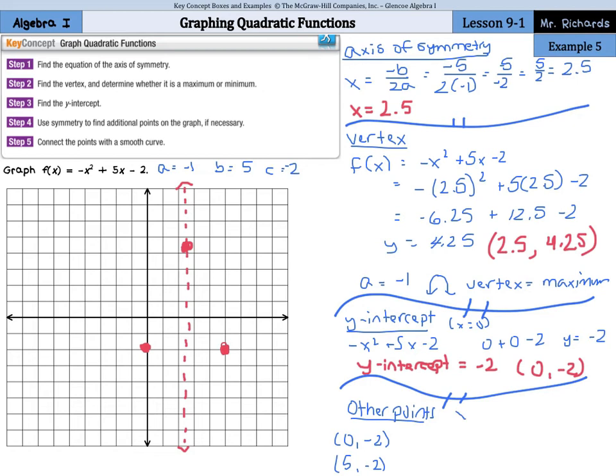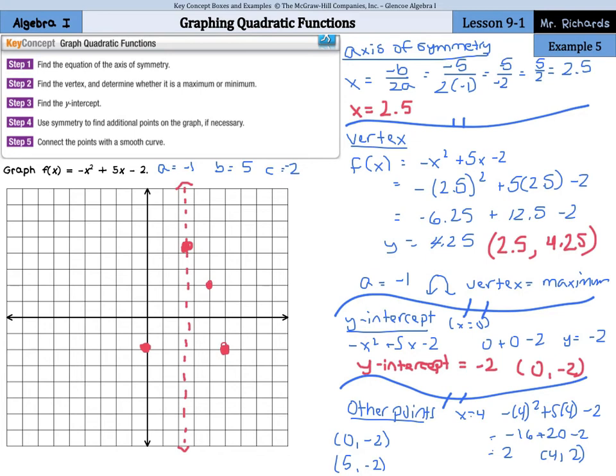So if x is 4, and I put that 4 in, it would be negative 4 squared plus 5 times 4 minus 2, which would be negative 16 plus 20 minus 2, which is just 2. So that's going to be at the point 4, 2, which if I graph is going to be right there.